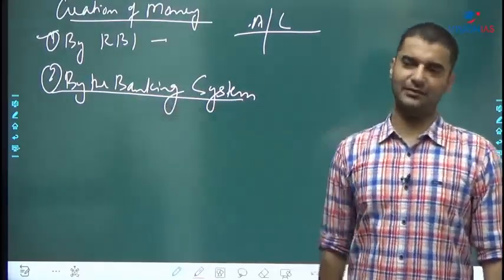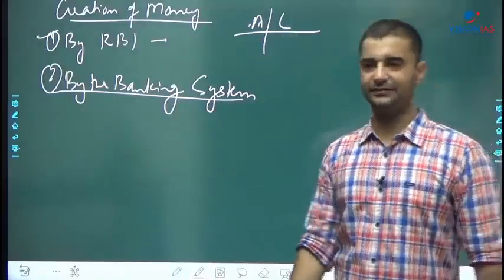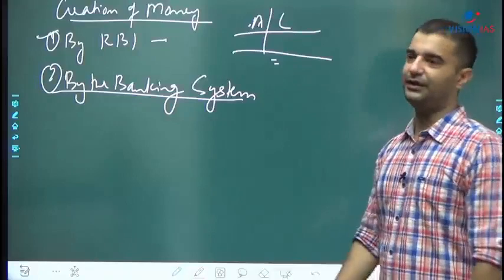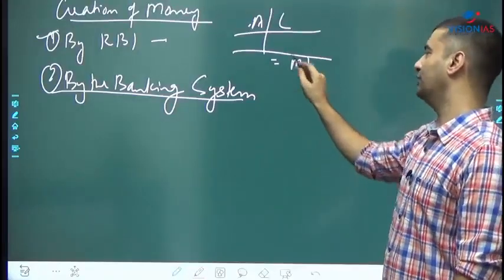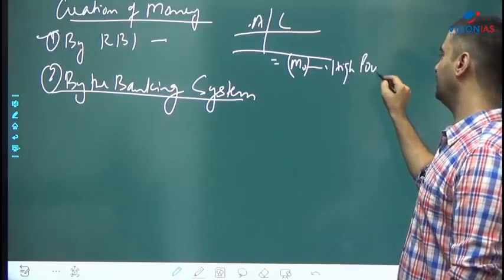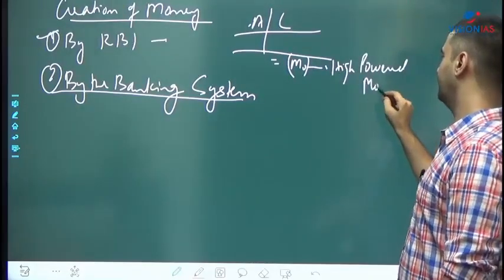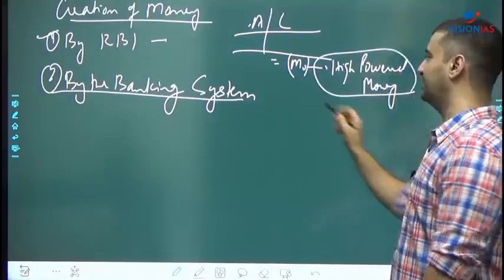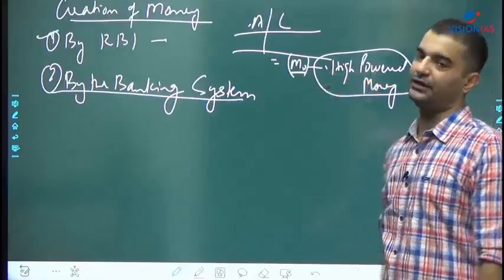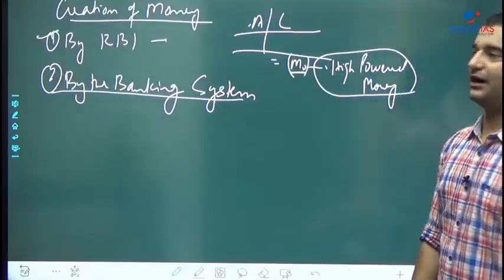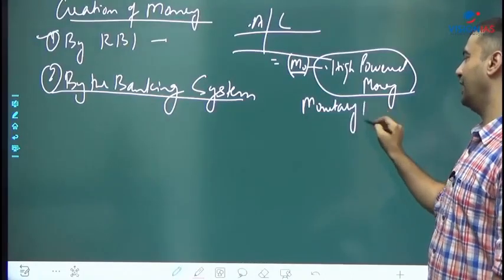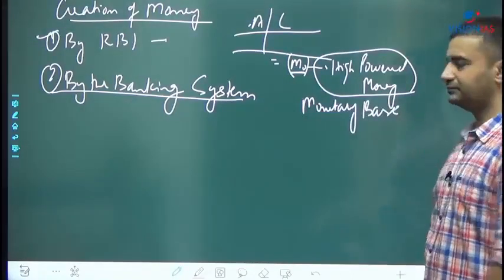The total of RBI's liabilities is called M0 or high powered money. It is also called the monetary base.